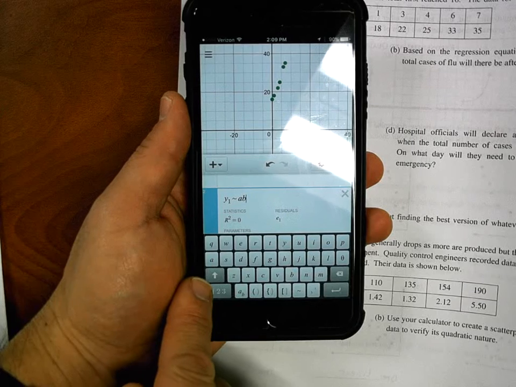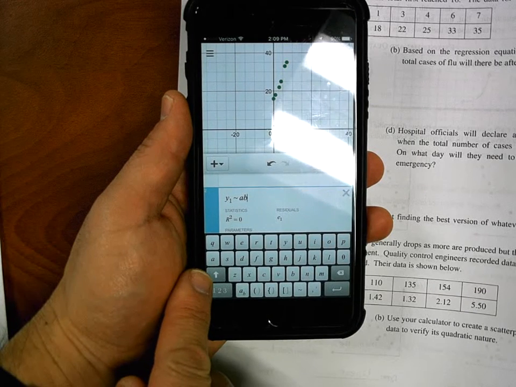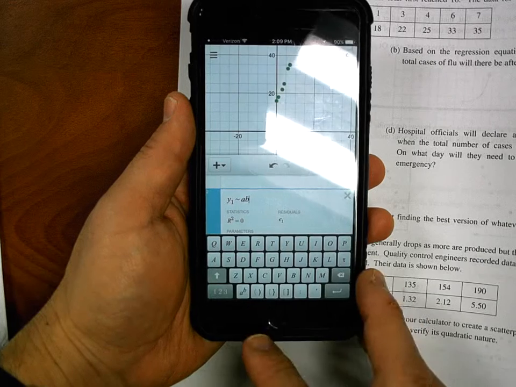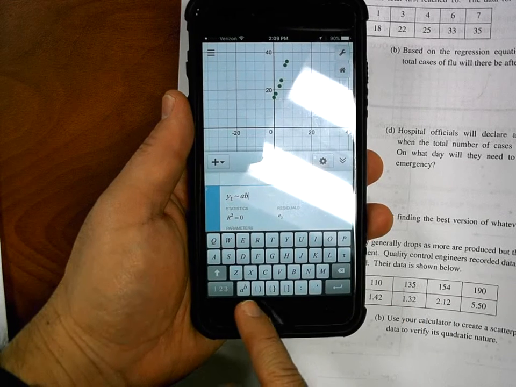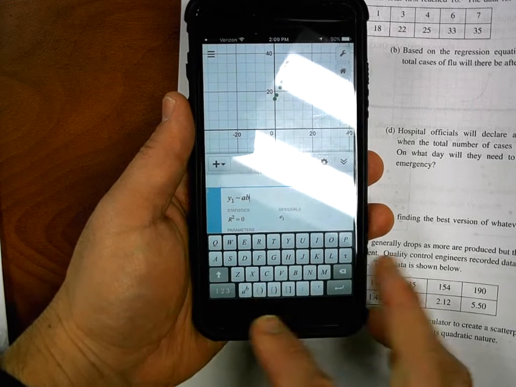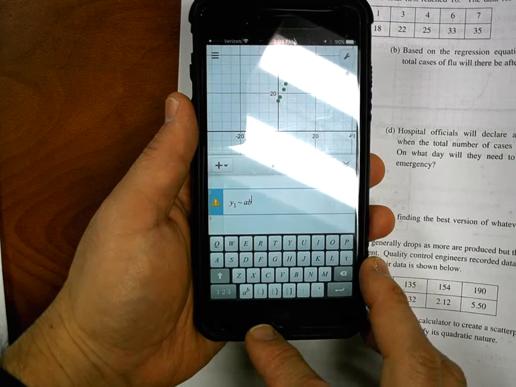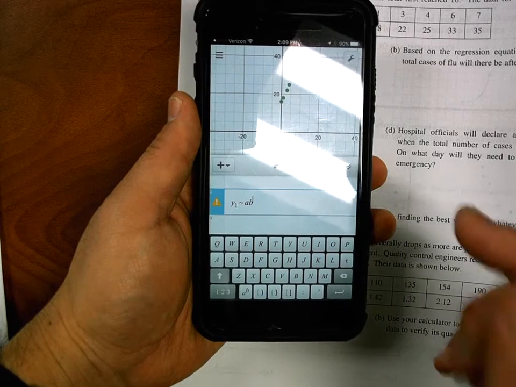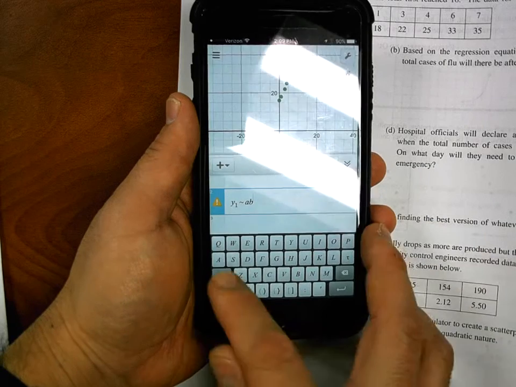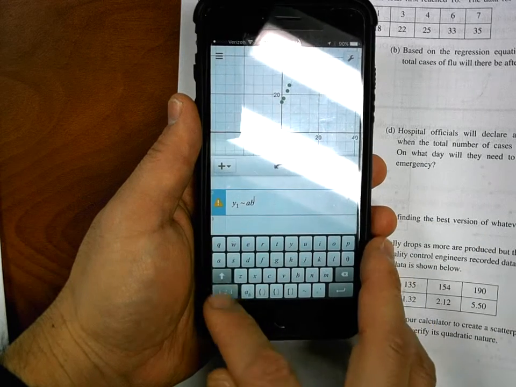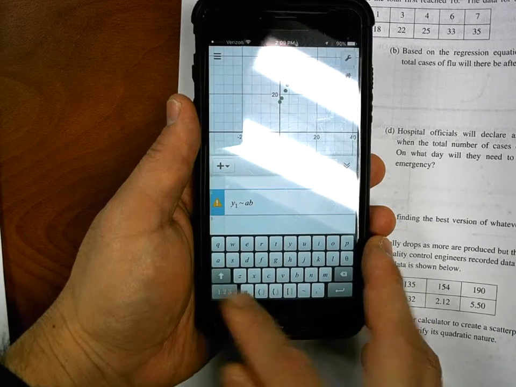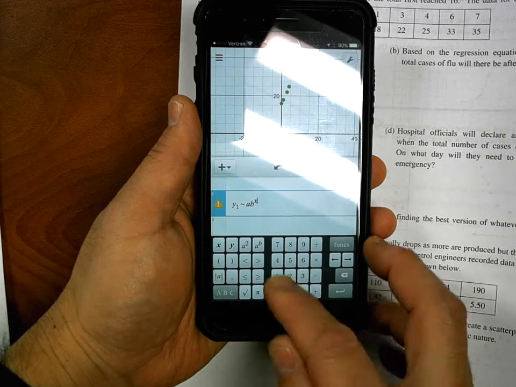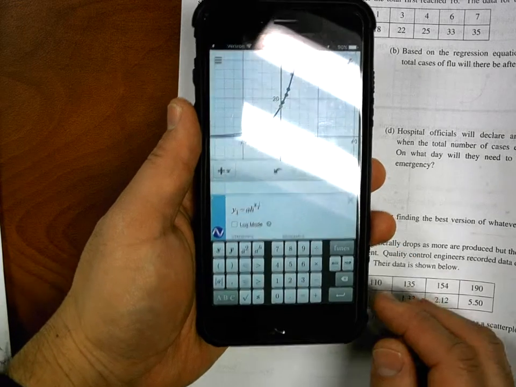I need to put the shift on, like you're going to type in capital letters. Push that up arrow, and then you'll see a to the b power. Push that, and I want this to be to the x, or x sub 1. So let me get off my capital letters, push x, go to my numbers, and then 1, and there you go.